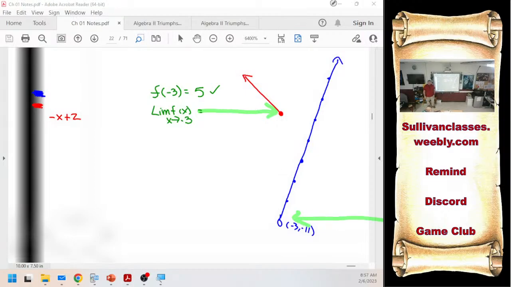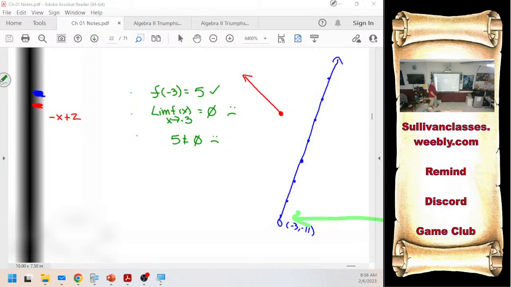Those are not going to the same place. So if they're not the same place, then the limit doesn't exist. You'd say, no, limit does not exist. So it fails the second part of the test, which means it's going to fail the third part of the test. 5, last I checked, is not equal to undefined. That is your test, 1, 2, and 3.